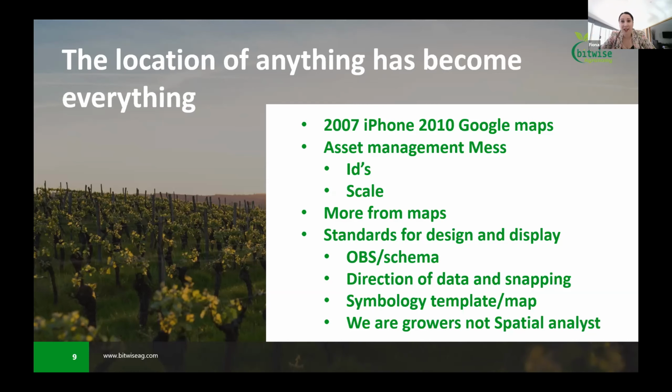And like linear referencing, you've got an ID that flows all the way down to that granular level of each plant. Then imagine underneath that, you can say, well, this irrigation pipe overlaps with this row, or this wine that came from this block was of this quality, and let's go back and have a look at the data to see what the growing season was like. The possibilities become endless.